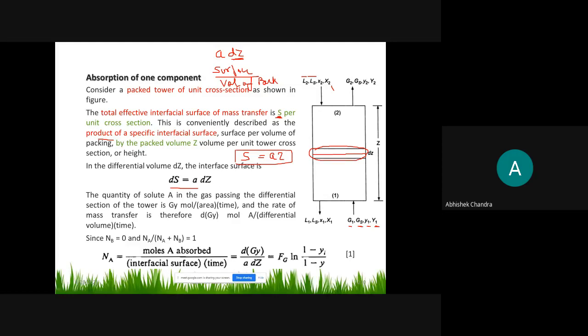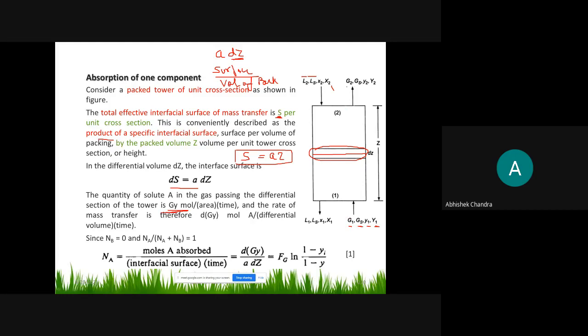The quantity of solute A which is passing through this differential section of this tower, the amount that will transfer is Gy over this section, because you have seen that the inlet flow rate of the gas is G1 and the leaving is G2.